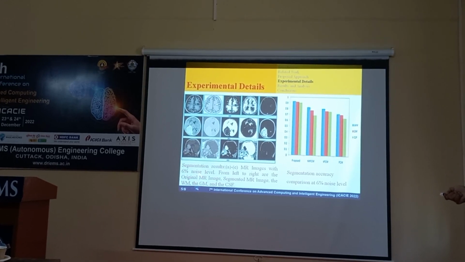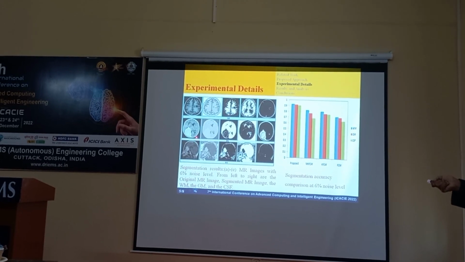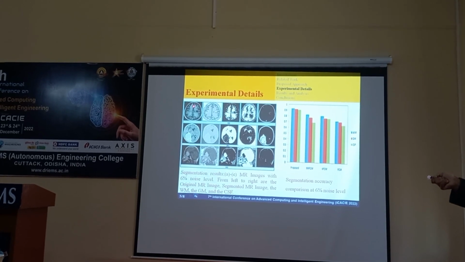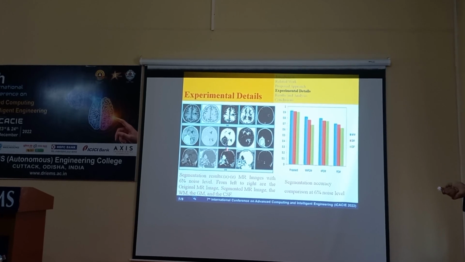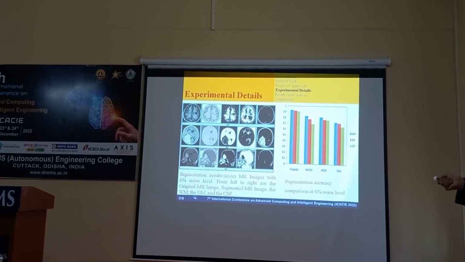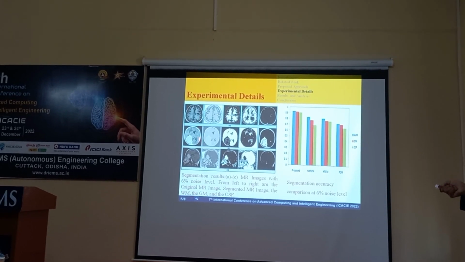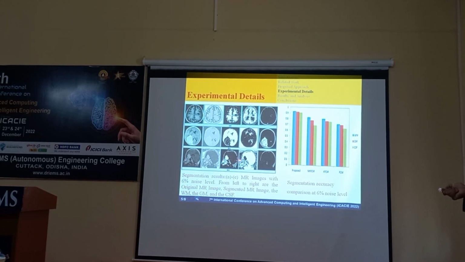In this example I added 6%, and you may add 2% or 4%; I have also done 2% and 4% noise levels. Then here are the WM, GM, and this one is CSF. These three images I have taken into account, and we have to find the particular regions we have.